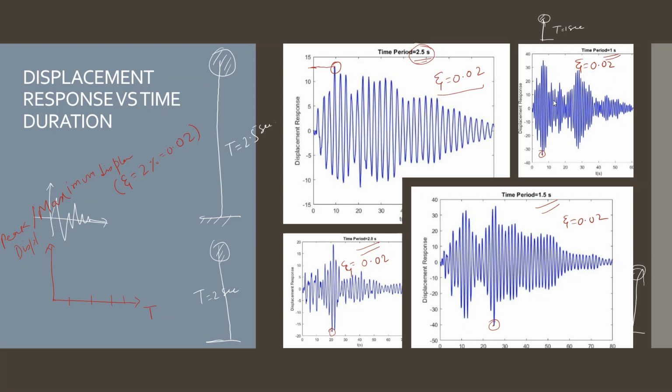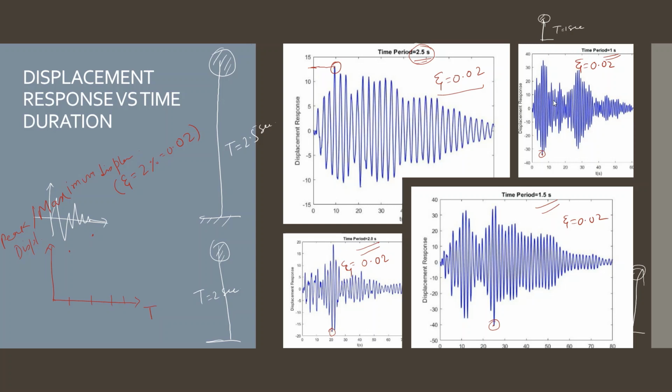Okay, so we will just catch all the values. At t equals 1 second we are having some value near 35, then somewhere at t equals 1.5 seconds we are having a value of minus 40. So minus 30, minus 40.